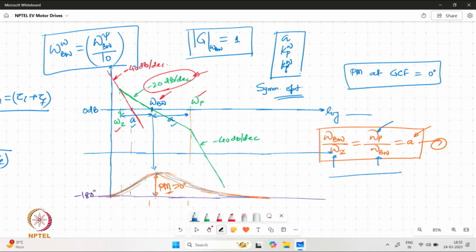So three conditions we are going to utilize in this case for designing the Kp, Ki and A, three unknowns in this system.